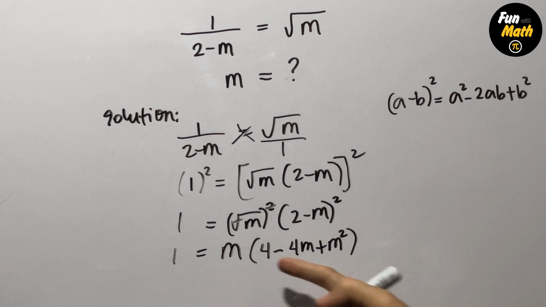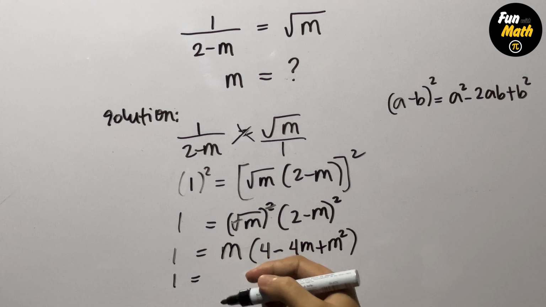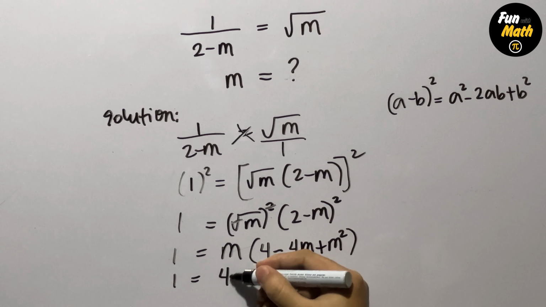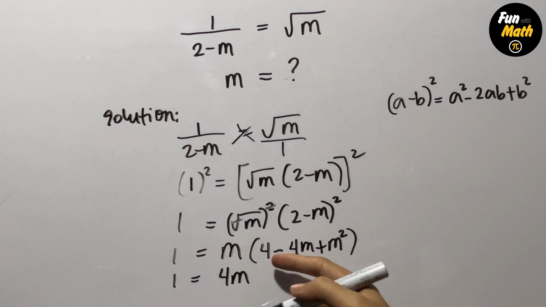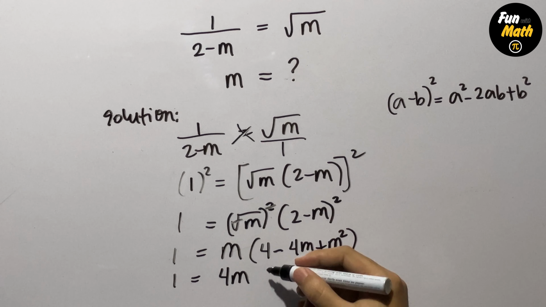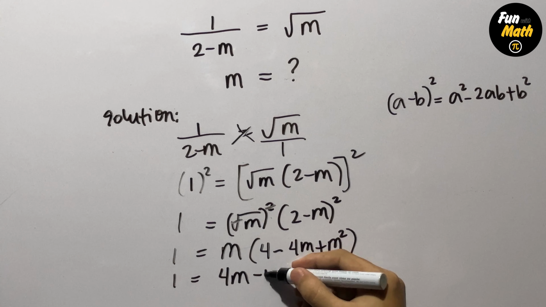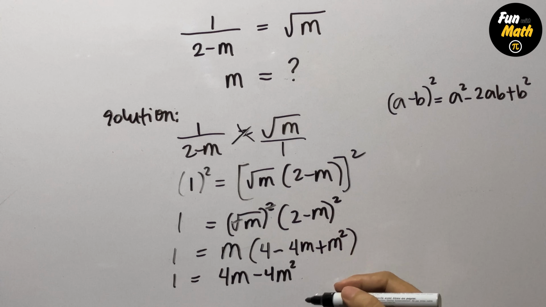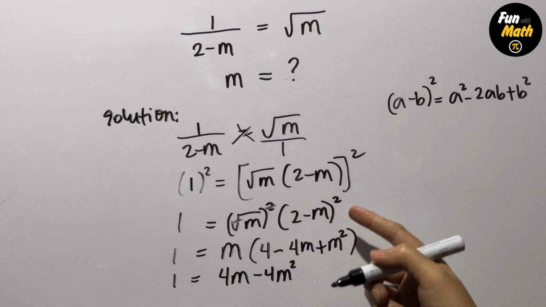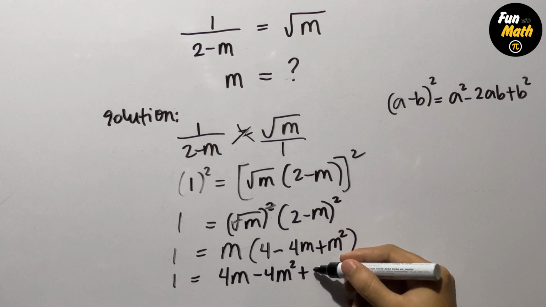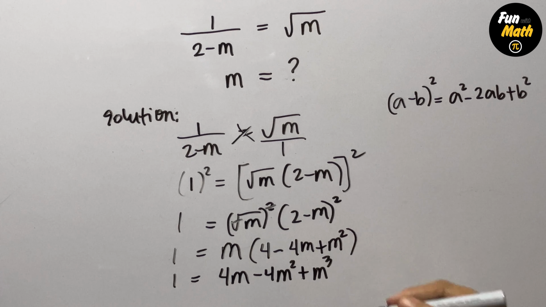Then let's multiply. So this is now 1 equals m times 4, that is 4m, m times negative 4m, that is negative 4m squared, m times positive m squared, that is positive m cubed.